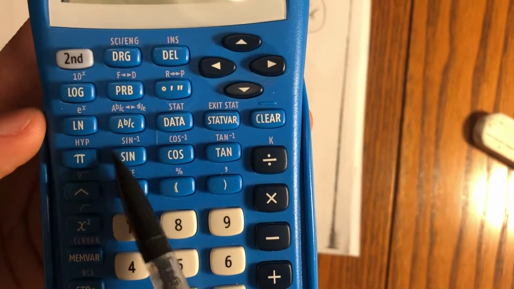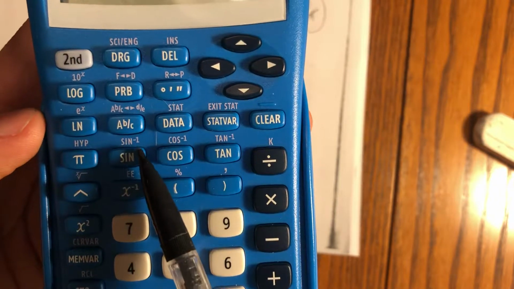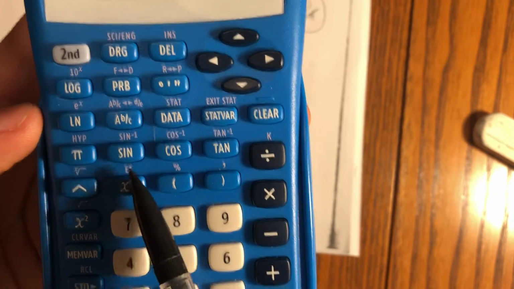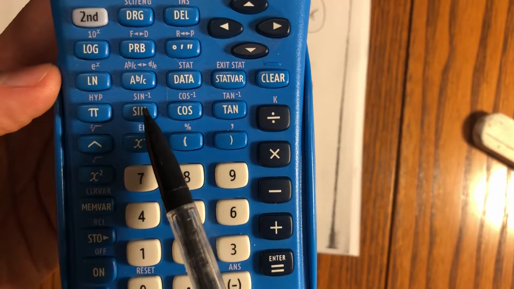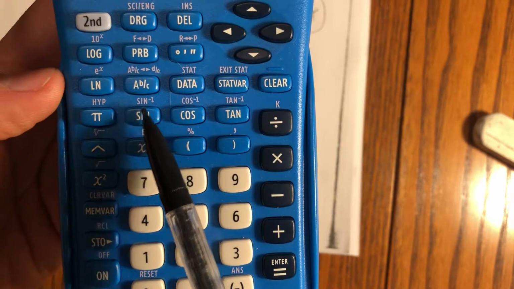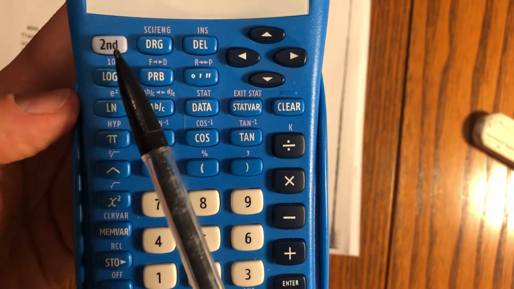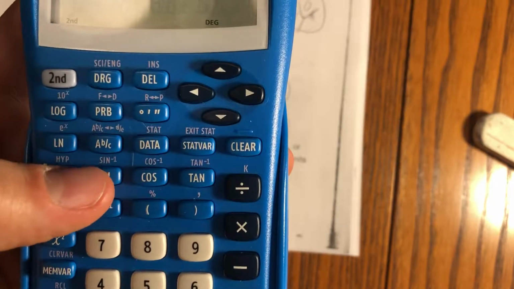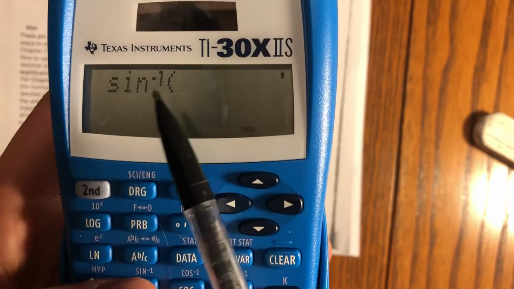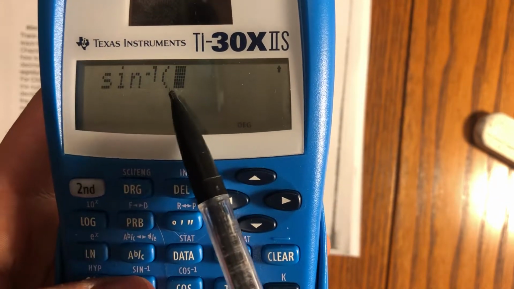So different calculators have different options. It's light blue up above it. So we're dealing with sine inverse, which means to get to that light blue, you have to click the light blue button. So I'm going to go ahead and click the light blue button and click sine inverse, and it'll show sine to the -1, and then it's ready for us to plug in.